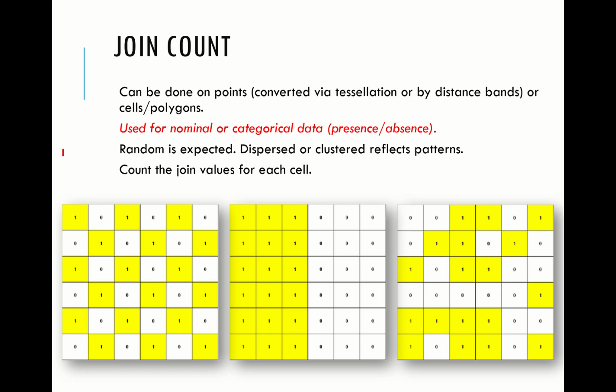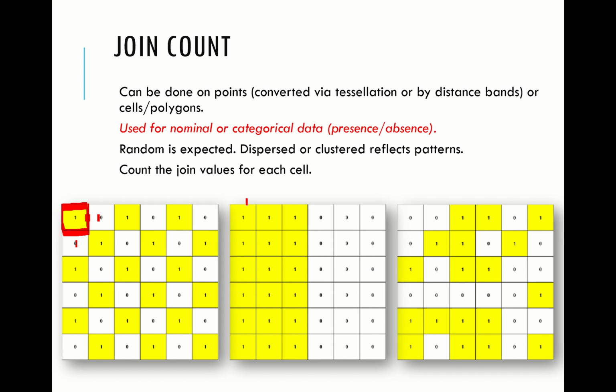Another method used to analyze spatial distribution is what's known as joint count. Joint count usually takes grid data and analyzes one cell. Imagine this is my cell here in the top left corner. It's analyzing the value of the cells it's joined up to.